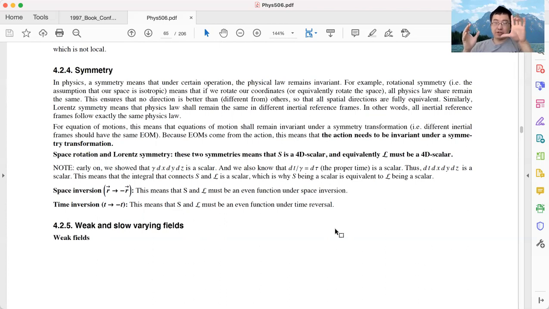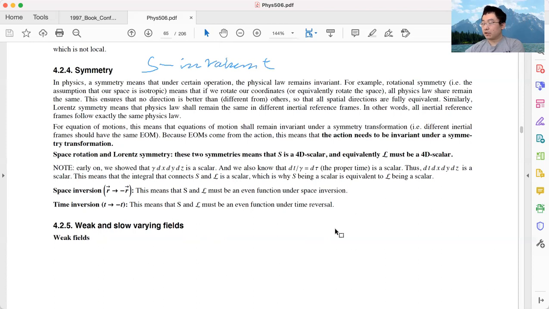For an isotropic system, no matter whether I choose the x, y, z coordinates this way or this way, my equation of motion and everything should be the same. What does symmetry mean in this action and variation principle description? Symmetry in action means that if we change, say, our coordinate orientation, the action should remain the same. The action should stay invariant.